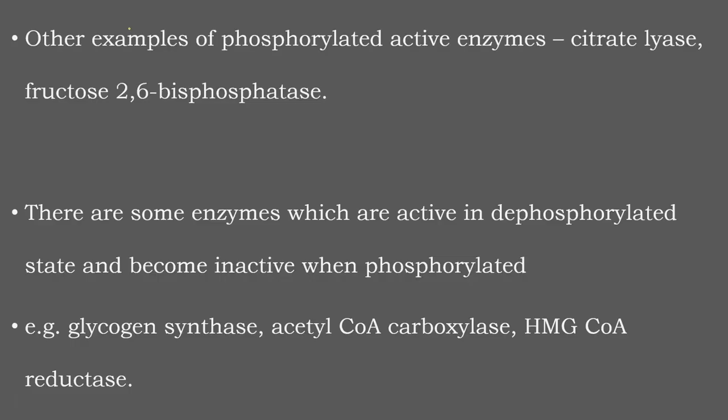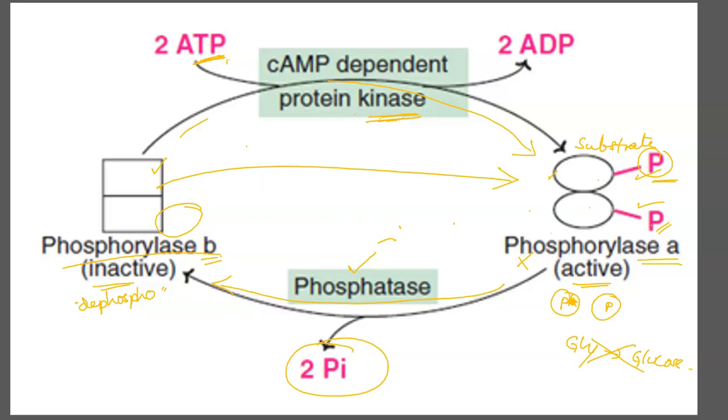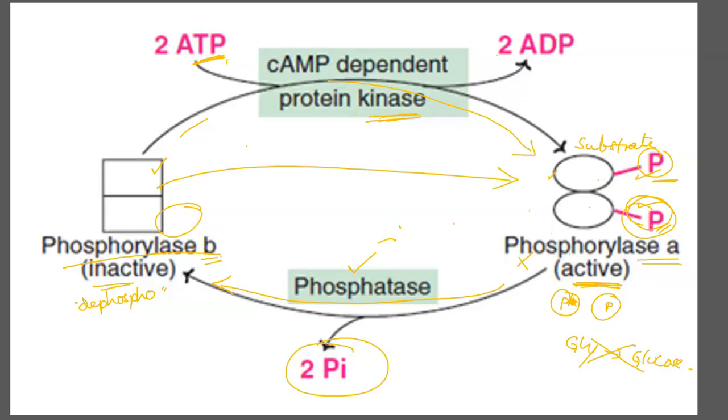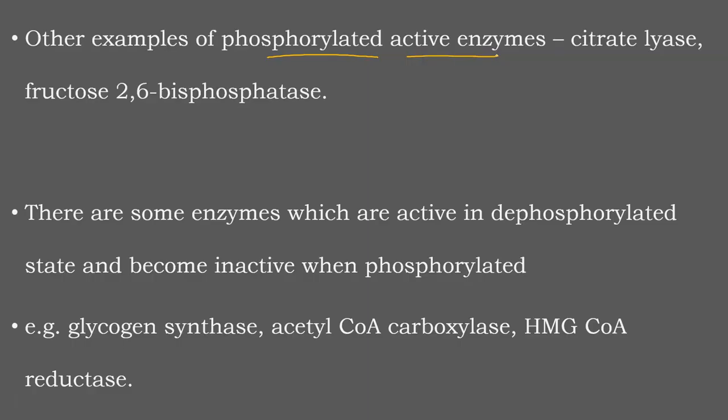The other examples here: in this particular case, the enzyme is active in the phosphorylated form. In the previous case, what is the active form? Phosphorylated. There are also some other enzymes which are phosphorylated active enzymes.